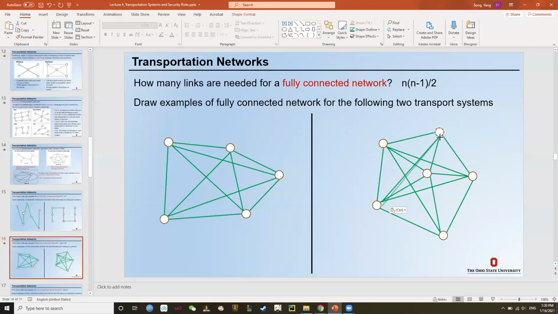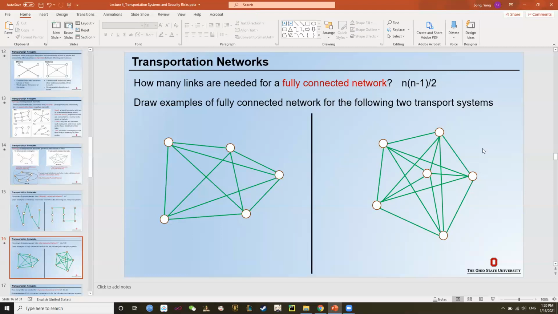Where is the last one? This node needs to be connected to this node. Okay, now we have 15 links. So 6 nodes, 6 multiplied by 5, 30 divided by 2, 15.